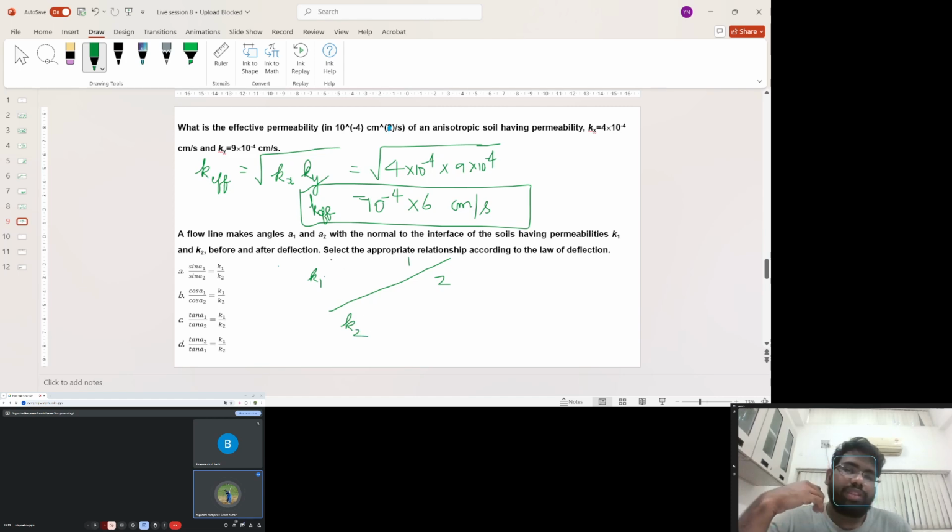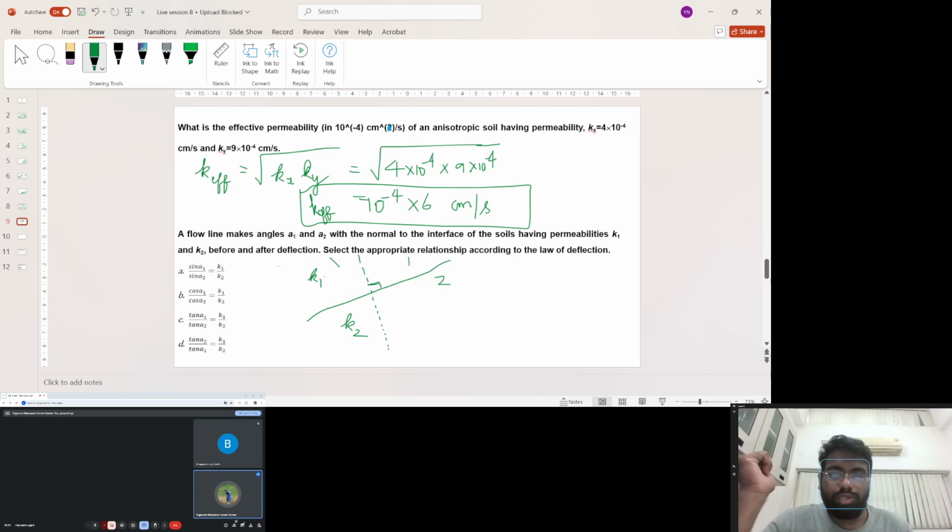Alright. Now the flow line, that is the flow of water, is coming at some direction. This is the normal, sorry. So this is the interface. So let this be the normal line, which is at 90 degrees. Right.